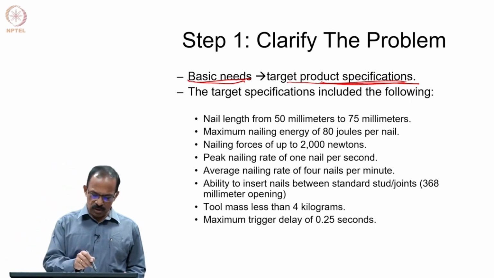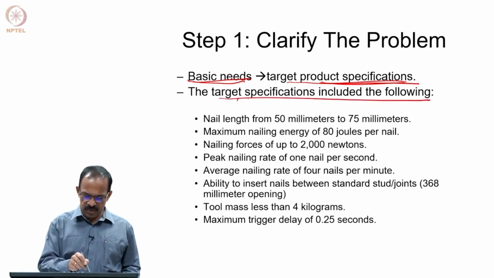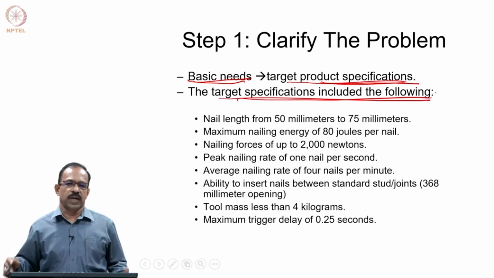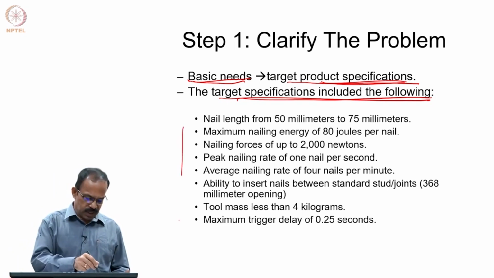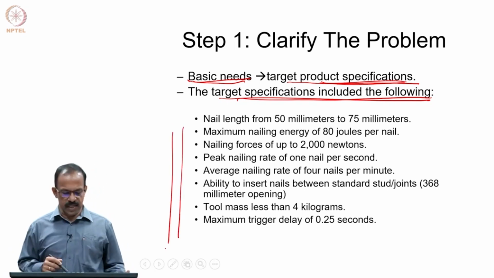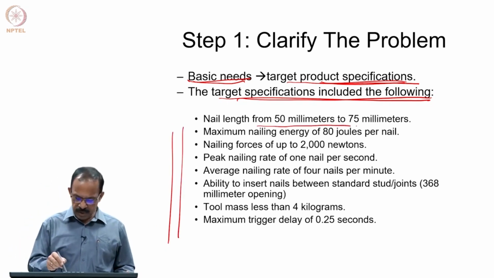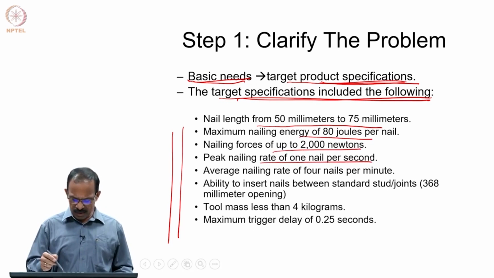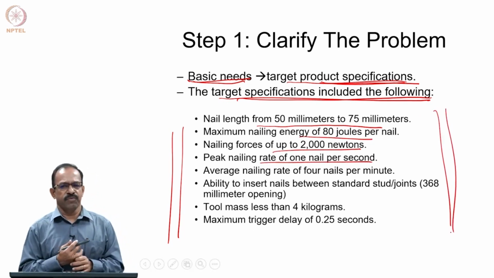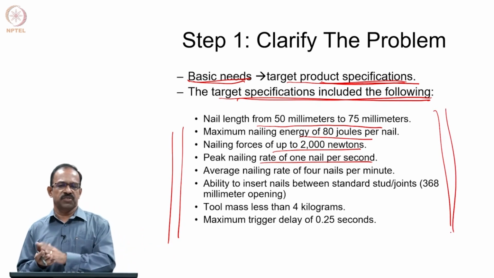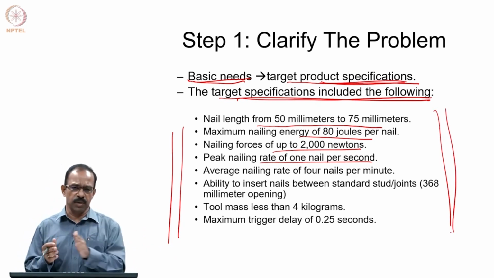Then after going through this, we will get the target specifications, which will come through your house of quality or QFD analysis, and we will come up with the product specification. We will say that nail length is from 50 millimeters to 75 millimeters, maximum energy 80 joules, nailing force. These are all the specifications that you can identify going through the various stages in the design process.